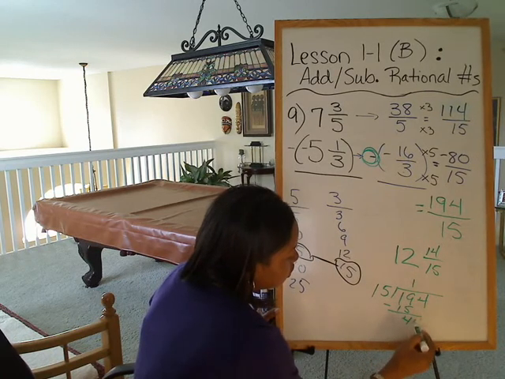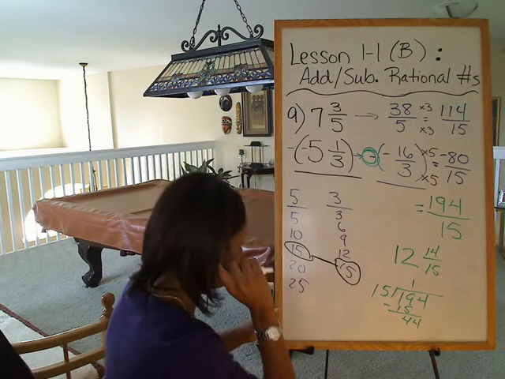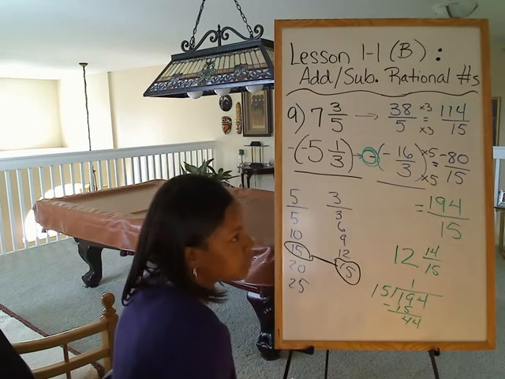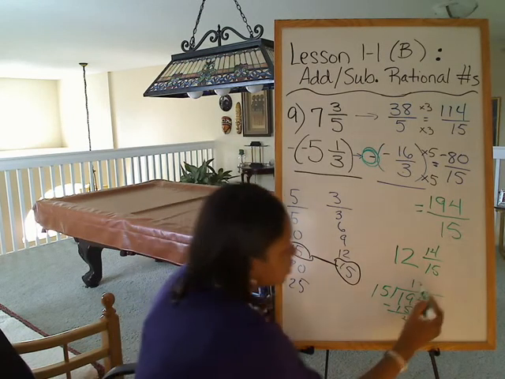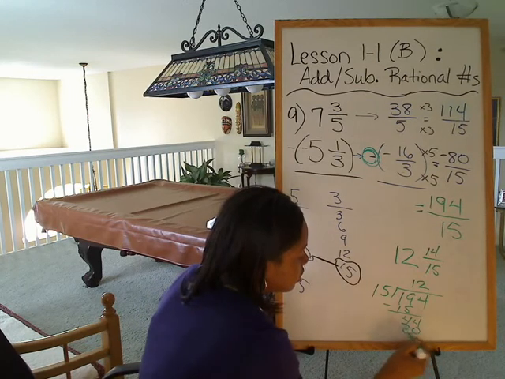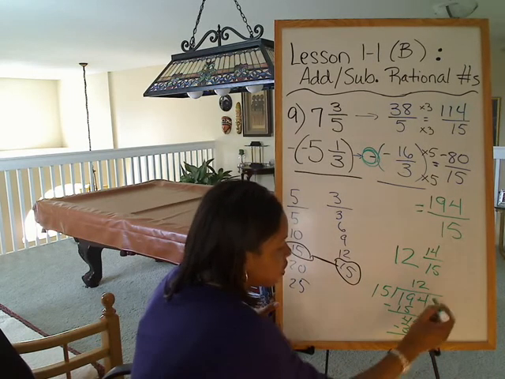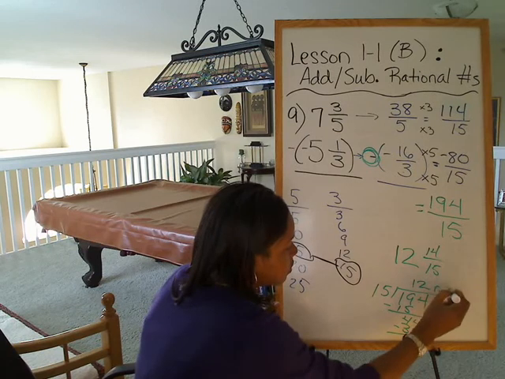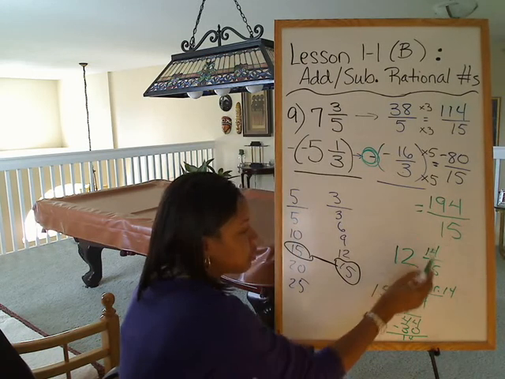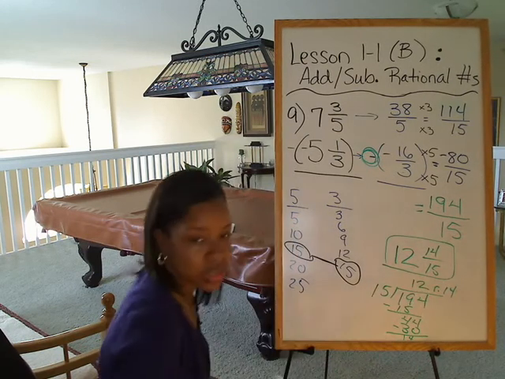Subtract, you get 44. 15 goes into 44, let's see, 2 times. And you get 30. And what's the remainder? 14. So you get 12, remainder 14. And you keep the denominator.